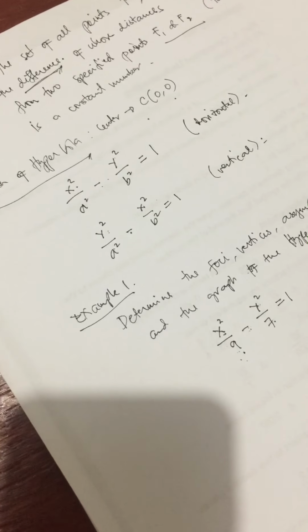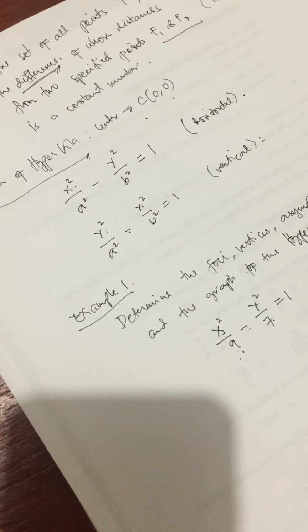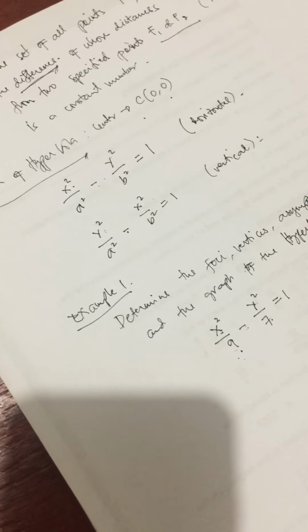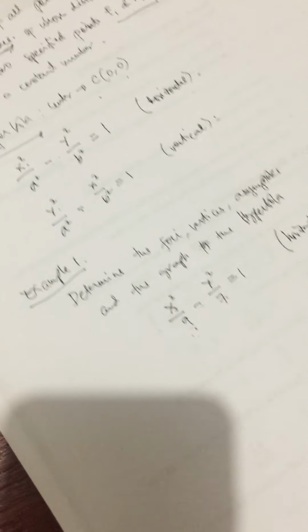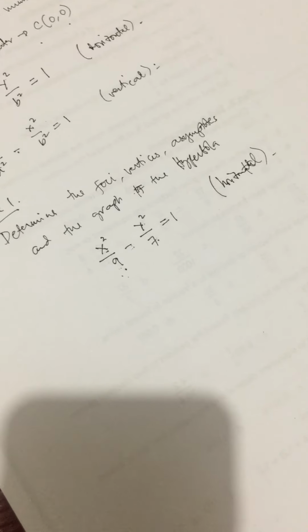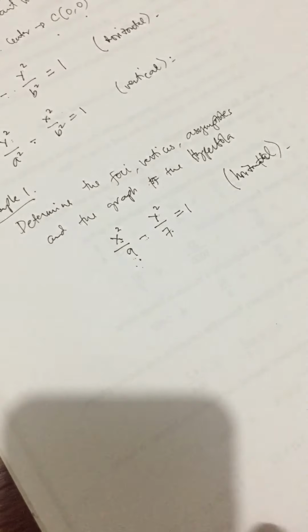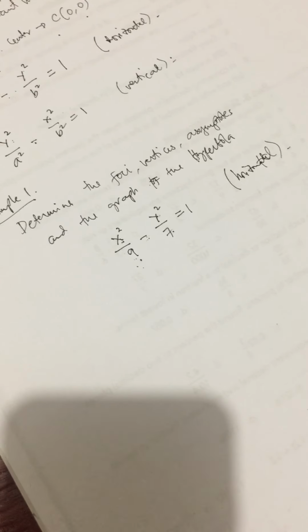So, this means this hyperbola is more likely a horizontal hyperbola. Ganyan yung ating magiging prospect na itsura ng ating hyperbola. Horizontal. Kumbaga, located yung ating principal axis at ang ating focus and vertices sa x-axis kapag sinabi mong horizontal.